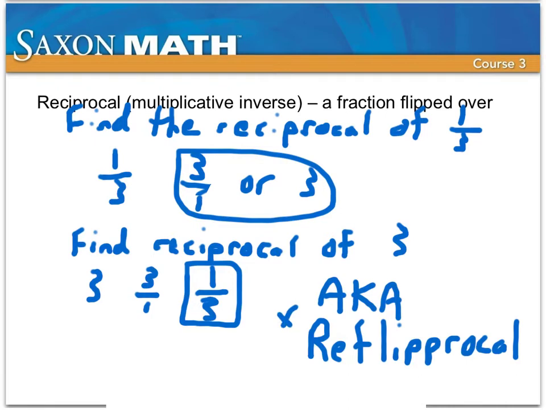Okay? The reason why I like that, aka means also known as, so the reciprocal I also call the reciprocal, because it helps me remember that I need to take the number that I started with and flip it over. Take the number I started with and flip it over. Okay? So reciprocal or reciprocal. That helps you remember. Alright, let's talk about some dividing of fractions now.